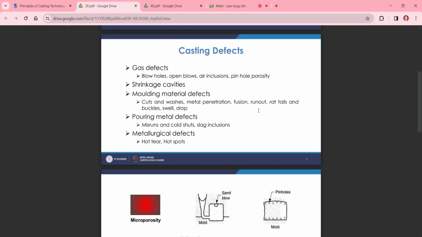Then you can pour your molten metal inside, and any air inclusion or blowhole type of gas defects will not come. So you will create a sound casting.